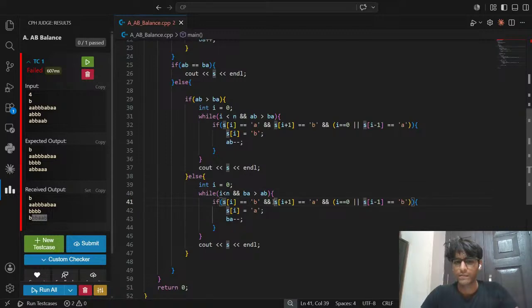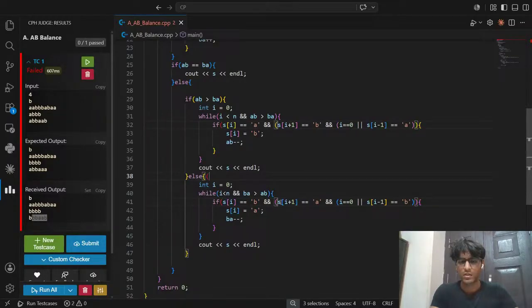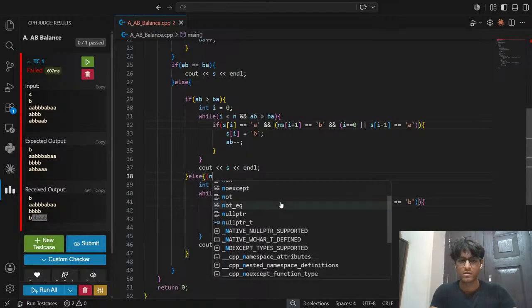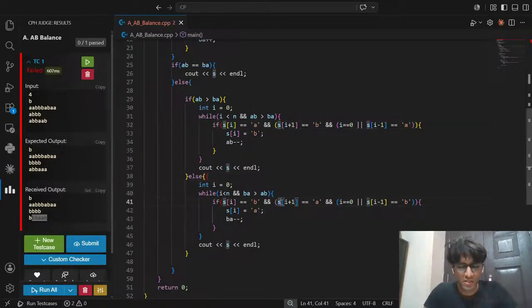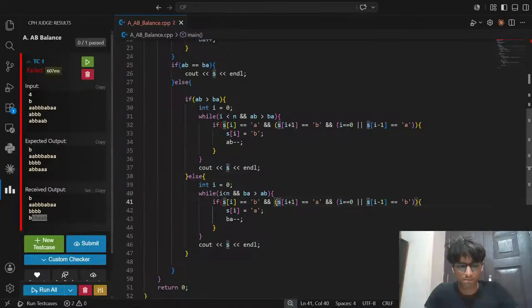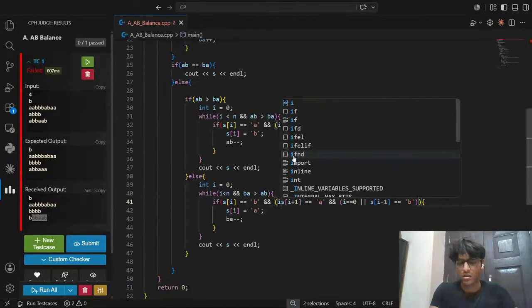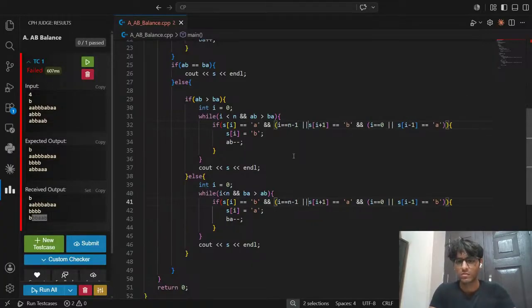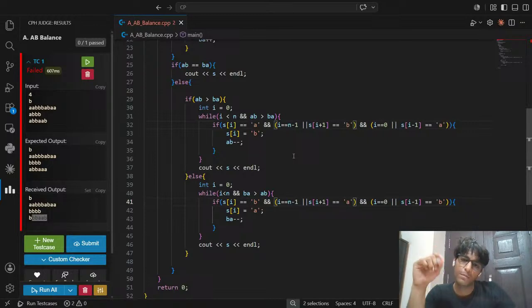And then I will have to also check if i is equal to n minus 1, because if it's n minus 1, then that means that i is the last character of S. In that case, there won't be any S of i plus 1.